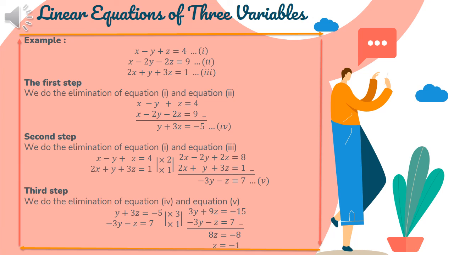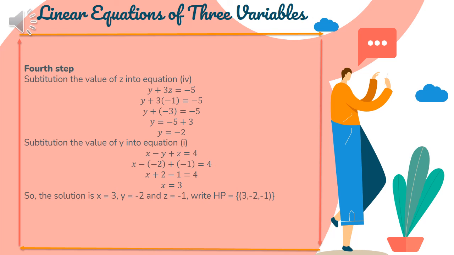Negative 3y minus z equals 7 multiplied by 1 becomes negative 3y minus z equals 7. Add. Result, 8z equals negative 8. z equals negative 1.